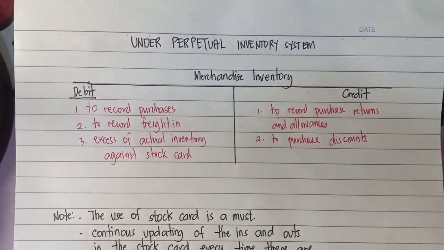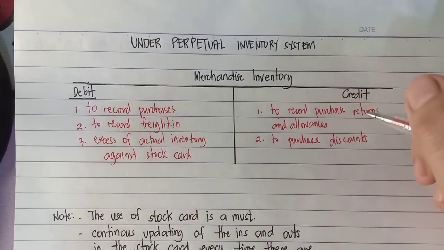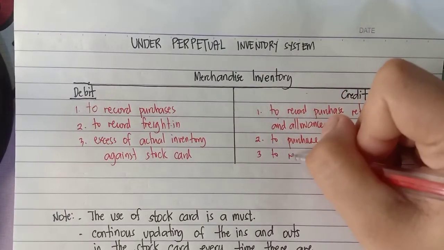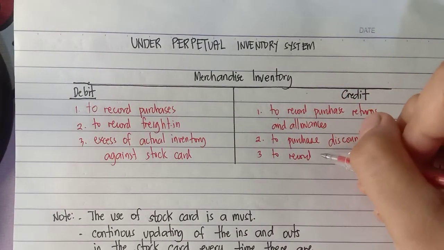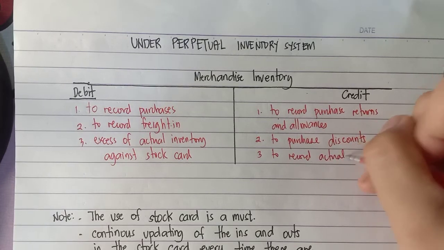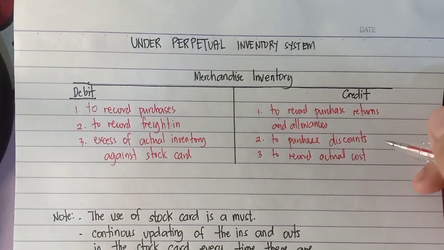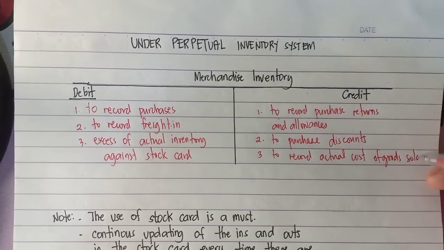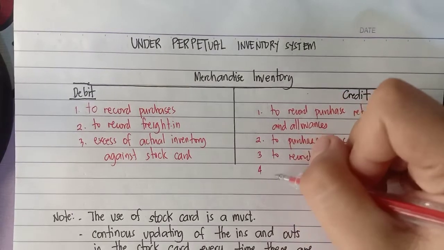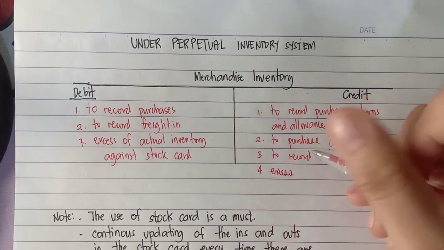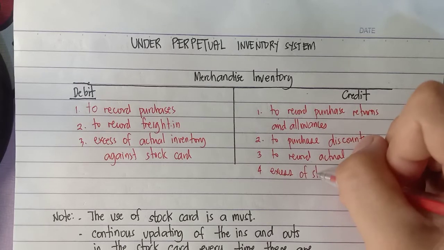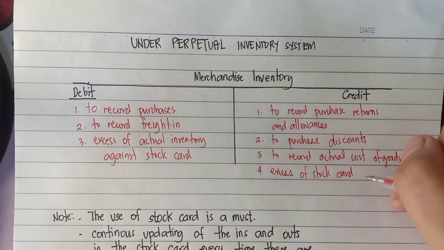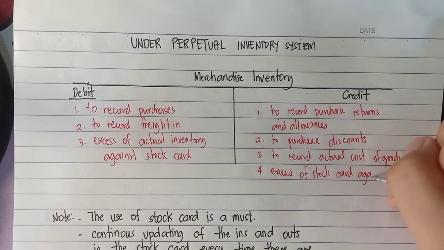Next is to record actual cost of goods sold. And number 4, excess of stock card against actual inventory.